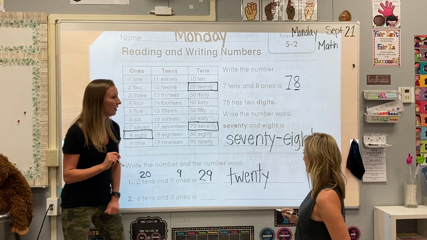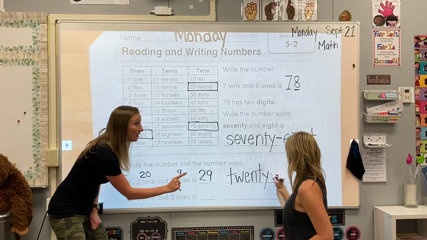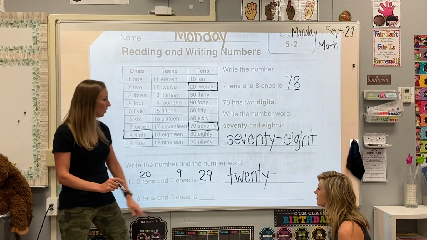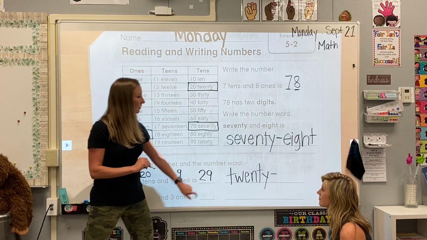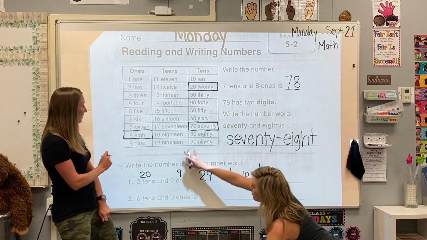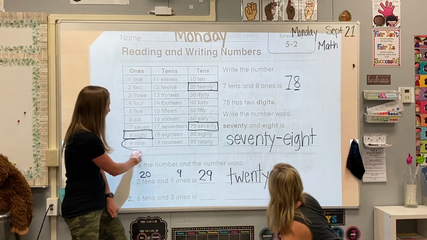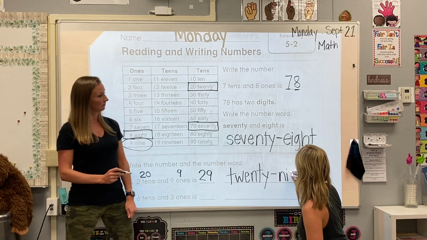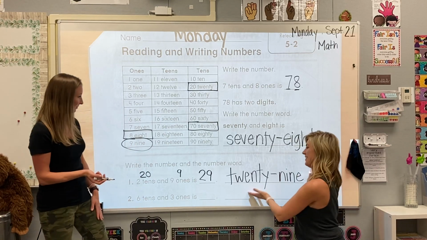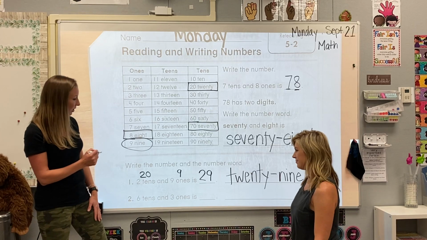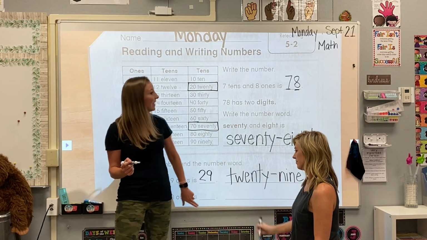Woo, you got fast there. Hyphen. All right, now we need to write our ones digit, which is going to be 9. Okay, I'm going to look at the chart, and it's right here. Here we go. N-I-N-E. 29.